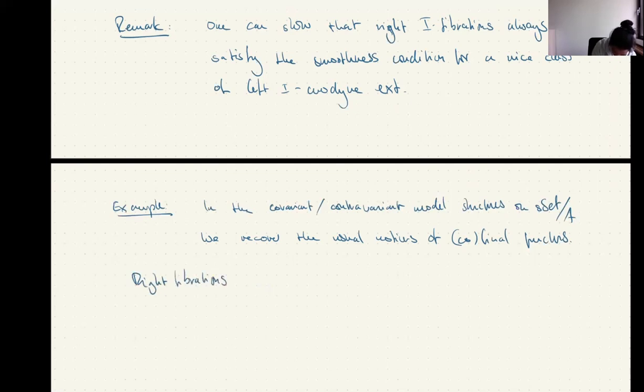You can show that right fibrations and Cartesian fibrations are smooth, and dually left fibrations and co-Cartesian fibrations are proper. I think that's something that I first saw in Lurie's book, where he proved that.